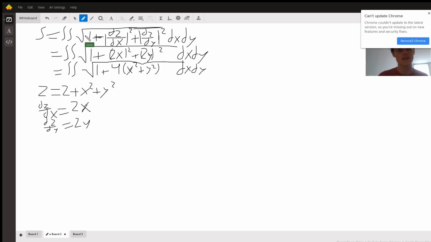And indeed, if we plug into this, dz/dx and dz/dy are 0, so we get root 1. Then we just get the integral of dx dy, which says we just take the area of the region R, and that is the area of the surface. But if the surface is slanted at all, then it's going to have more area, right? Like if we take a square and draw a shape above it that slants up, it's going to have extra area. It's like it's bubbled up, right?